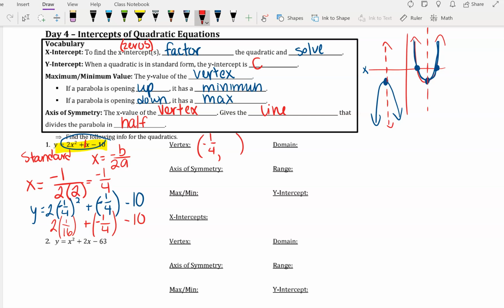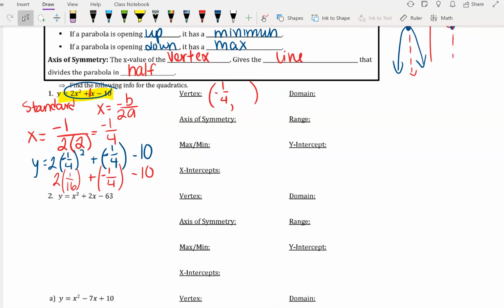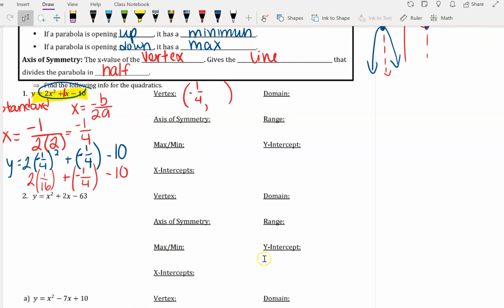Holy cow, this is a painful problem. Keep going. I need to find some other room to do my work. I'll do it over on this other side. So 2 times 16 is going to be 2/16. I'm going to reduce that so that we don't waste too much time. 2/16 reduces to 1/8.